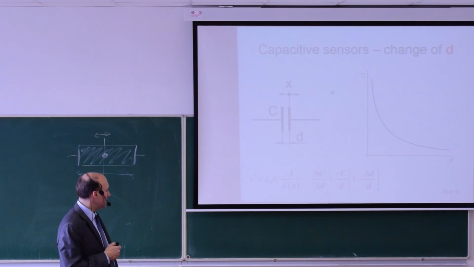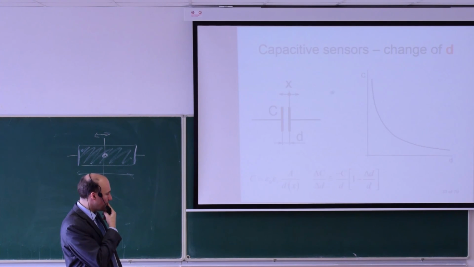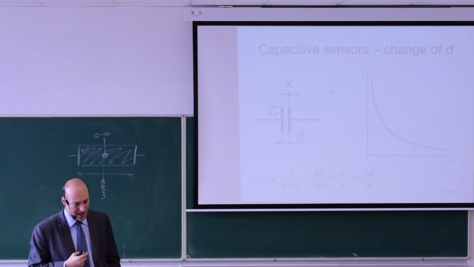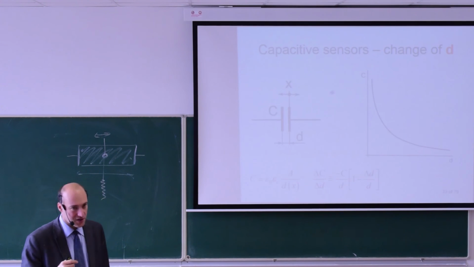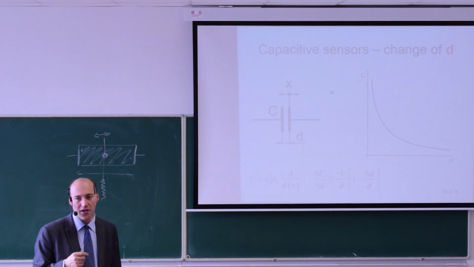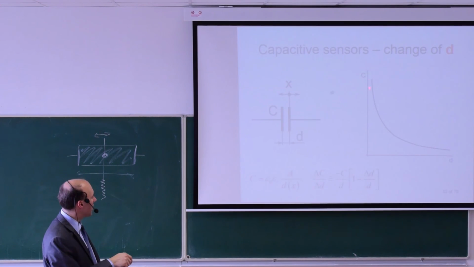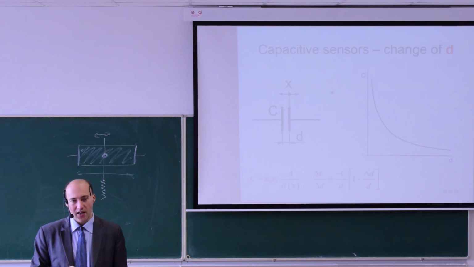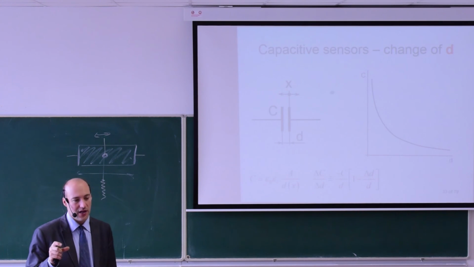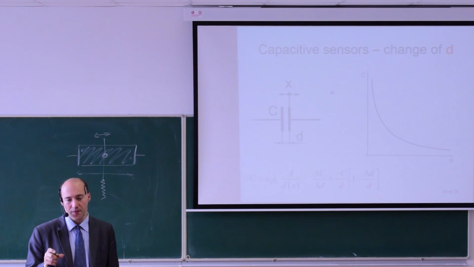The dependence of capacity and distance of the electrode is nonlinear. So it is looking like this. And the sensors designed on this principle, they are working only in a very small range.